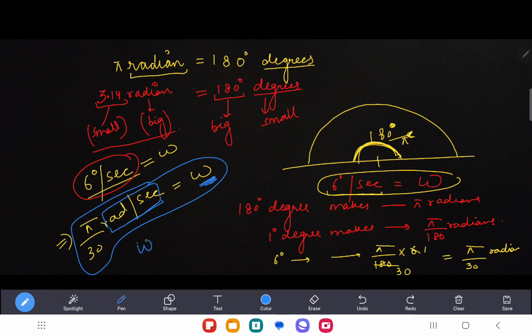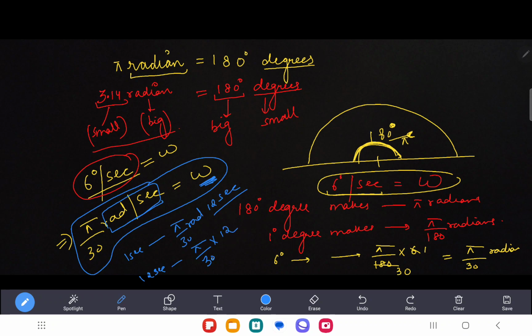So for example, if I ask you that after 12 seconds, where would you be now? What would you do? You would say, ma'am, after 1 second, I am at pi by 30 radians away from my starting position. So after 12 seconds, I will be at pi by 30 into 12.